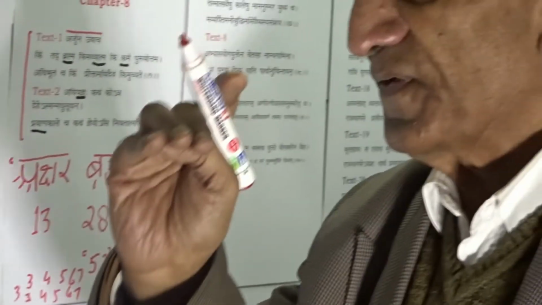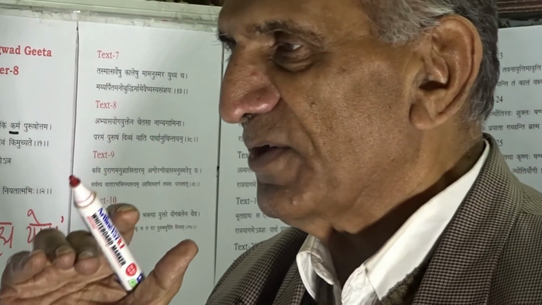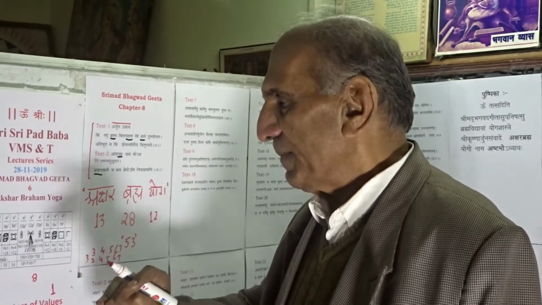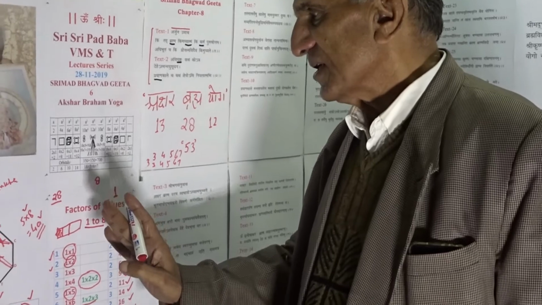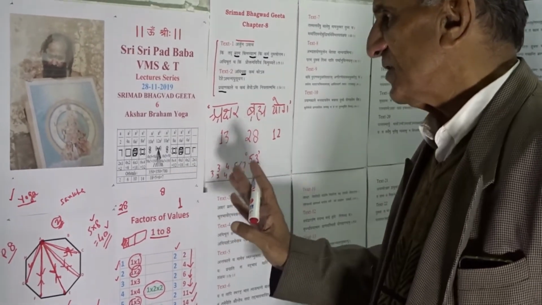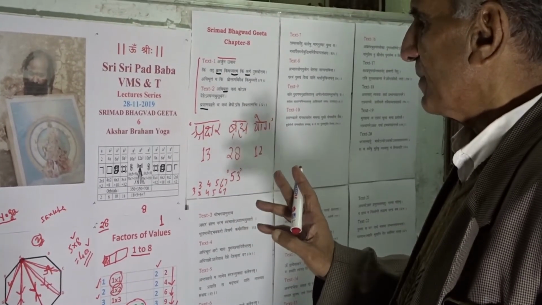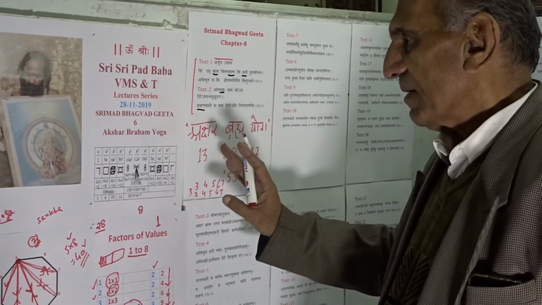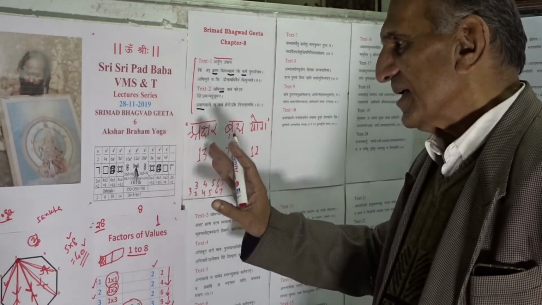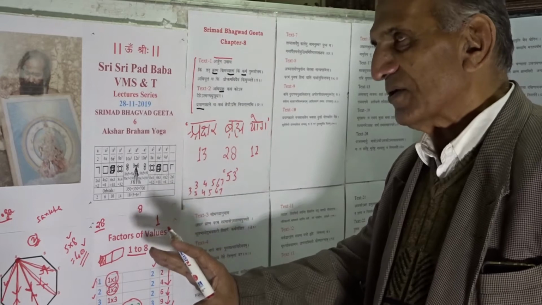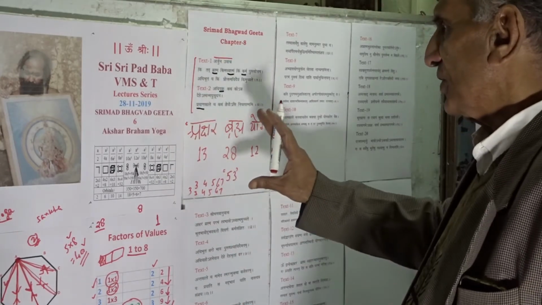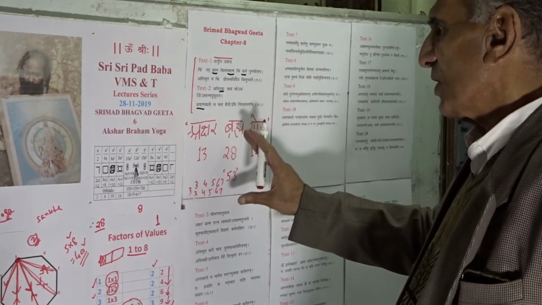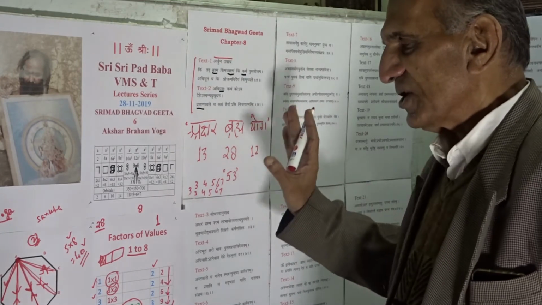Let us sit comfortably. Let us permit the transcending mind to be parallel to these organization format features of the text of chapter 8, Akshar Braham Yoga. Akshar Braham Yoga is an aspect of the discipline of yoga which is of 28 shlokas range organization.